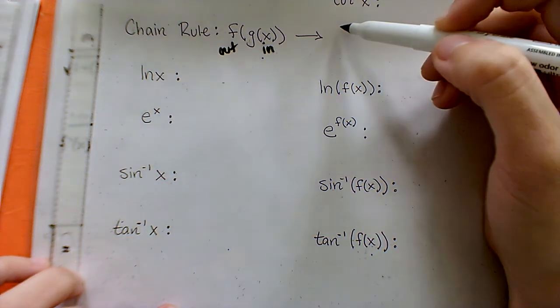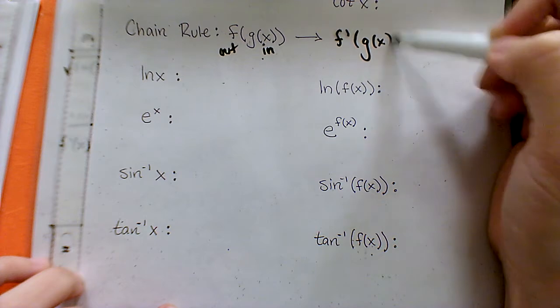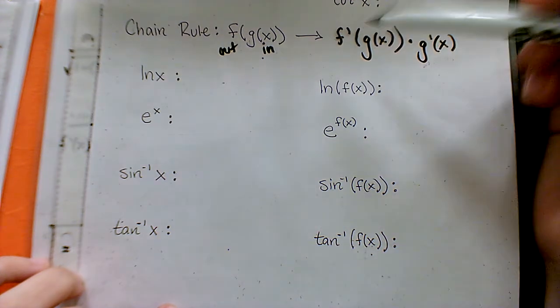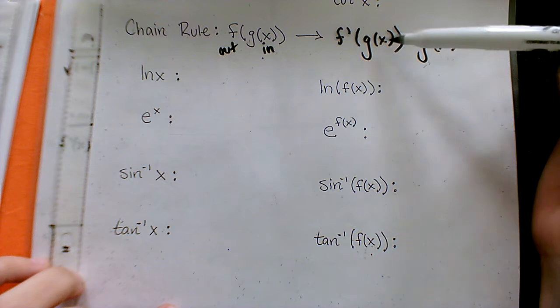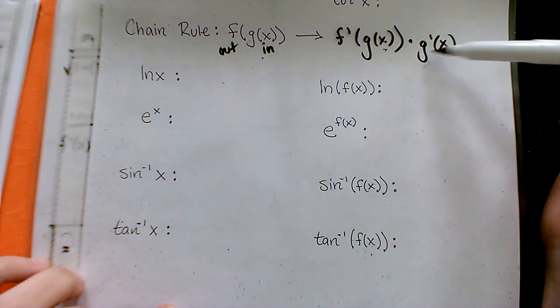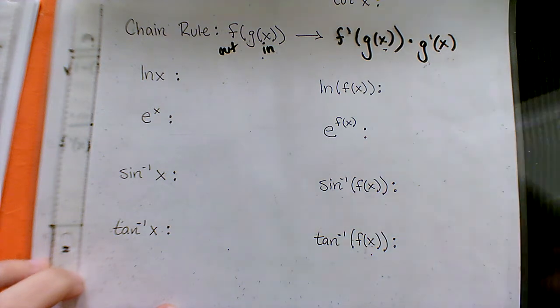F prime of g of x times g prime. The derivative of the outside, F prime, keep the inside, g of x, times the derivative of the inside, which would be g prime. Okay, so there's our chain rule.